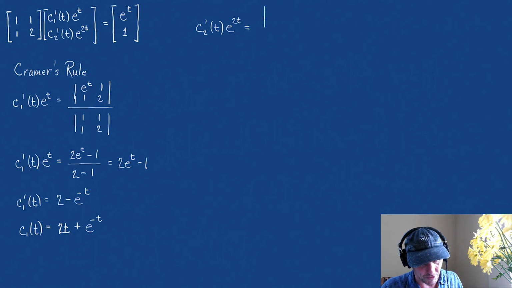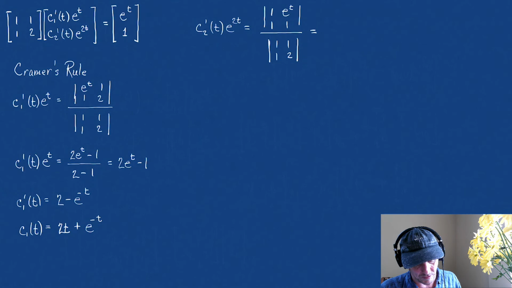Well, that says we put the first column of A in the first column, and we put the b in our second column, e to the t and 1, and we divide it again by the determinant of the matrix A. We already know that. Well, that's going to be 1 minus e to the t, divided by 1.